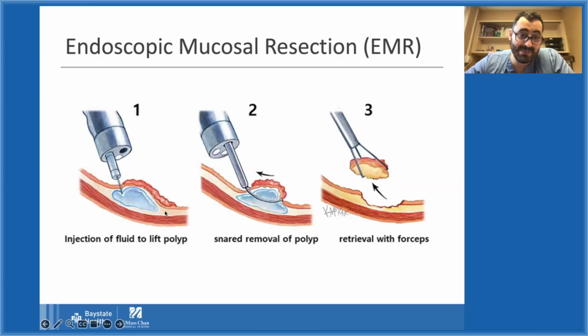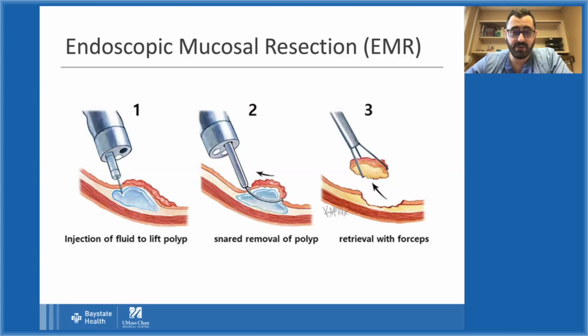This space can expand, and then you have the muscle. Why do we inject? When we want to cut the polyp, we want to be as far as possible from the muscle so we don't cause injury to it. Remember, the muscle is the layer that you do not want to injure. So after we inject, you put a snare around the polyp and cut it off, and then we pull the polyp out with the tools I explained before.